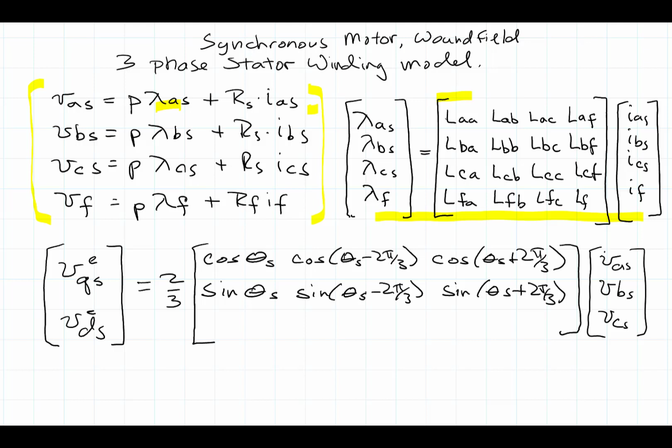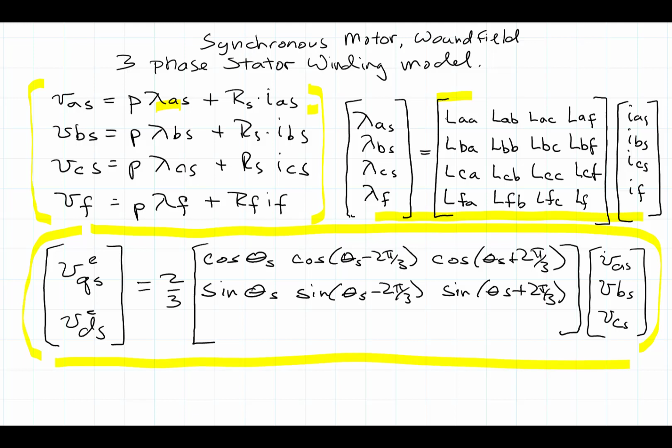So what we can do is, because we've now come up with this expression here, and we've got this transformation matrix T of theta S, that we can go from the three-phase to the two-phase synchronous. We can actually simplify the model.